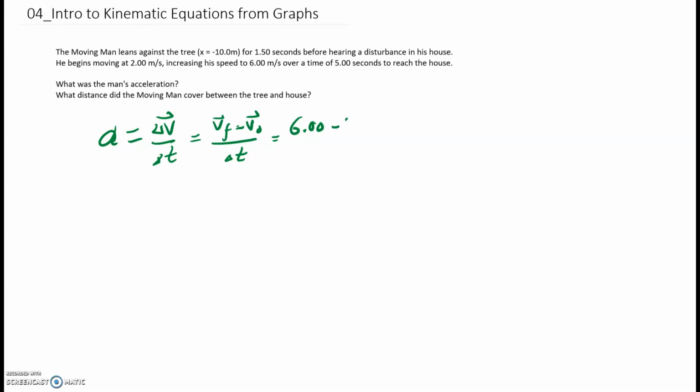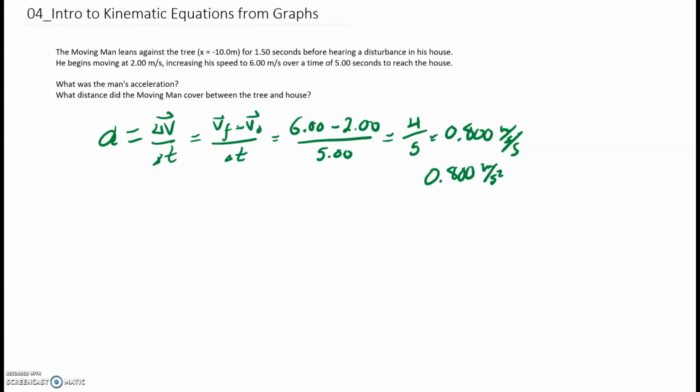His initial speed was 2 meters per second, and it took 5 seconds. So I would get an acceleration of 4 over 5, which is 0.800 with 3 sig figs, meters per second squared.